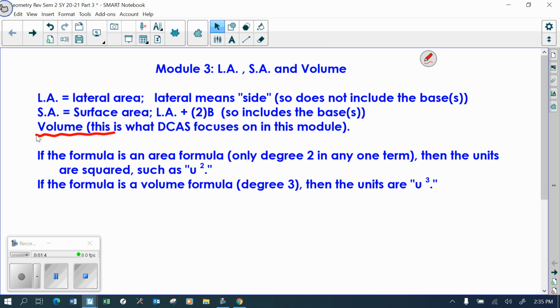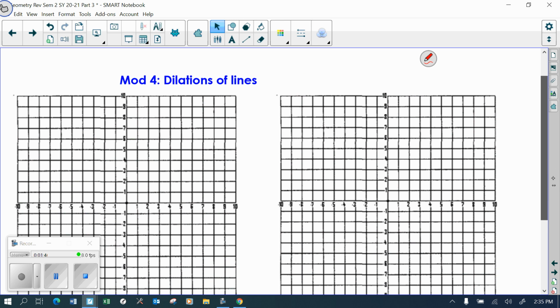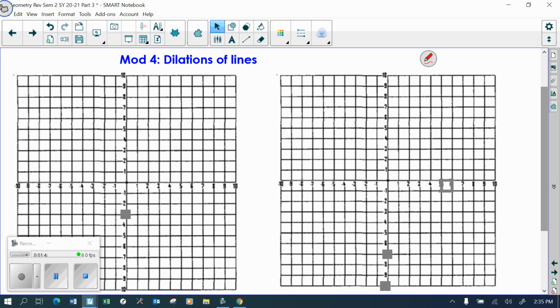Okay, now before I get into the examples, I made an error on one of the dilations of lines at the end of the last video, so I wanted to correct that.